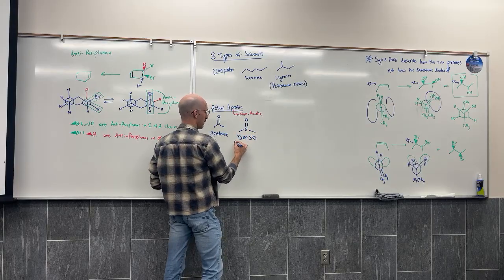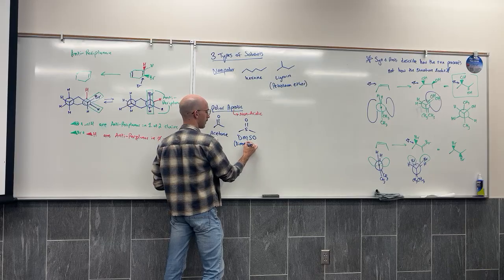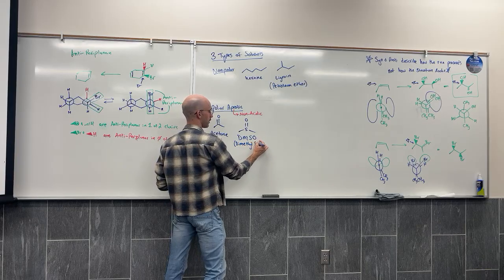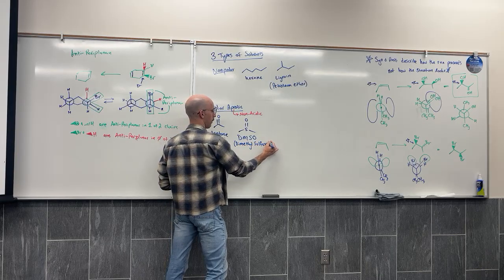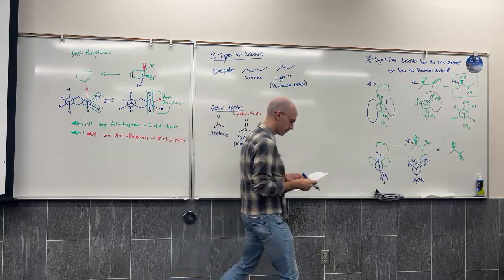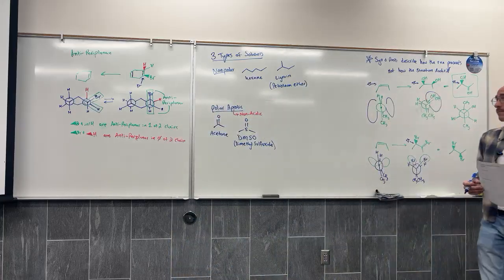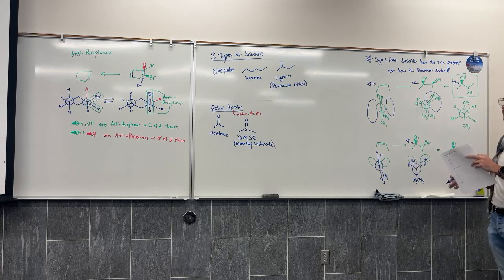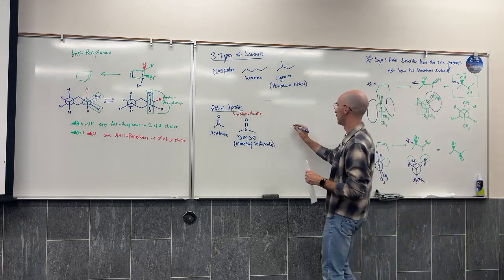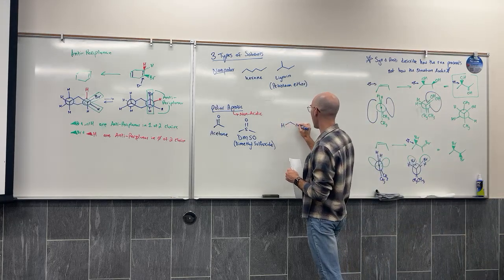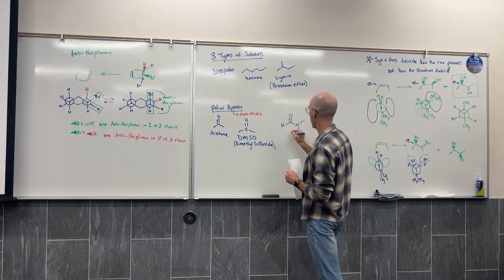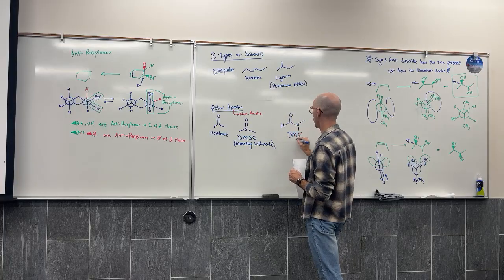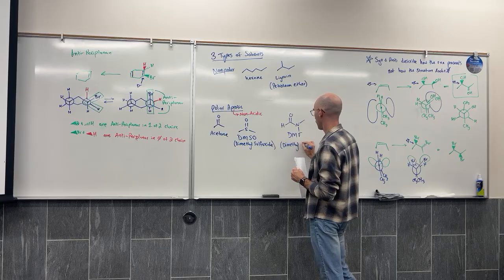This is dimethyl sulfoxide, but it is better known as DMSO. DMSO will be one of the byproducts from a reaction we do later from DMS, dimethyl sulfide. The next one is DMF, which stands for dimethyl formamide.